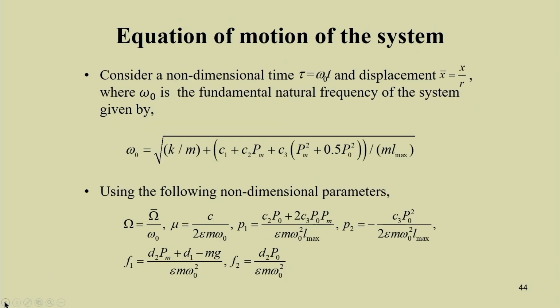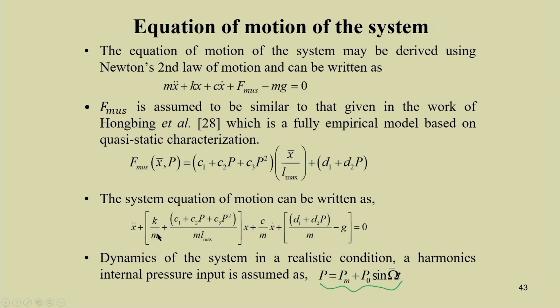Here, in this equation, dividing by m, this part is the square of the natural frequency, omega n square. If we write the equation in the form x double dot plus omega n square x plus 2 zeta omega n x dot plus some term equal to 0, then omega n square will be this.